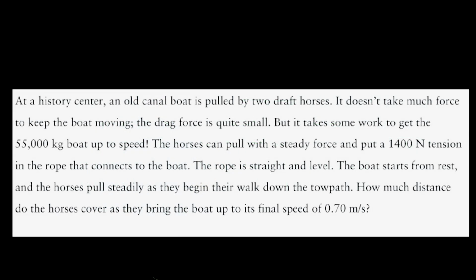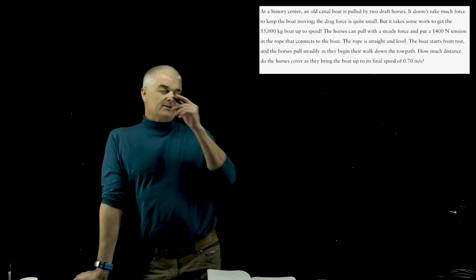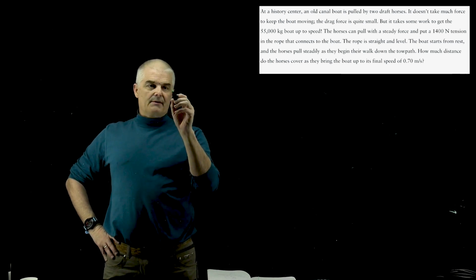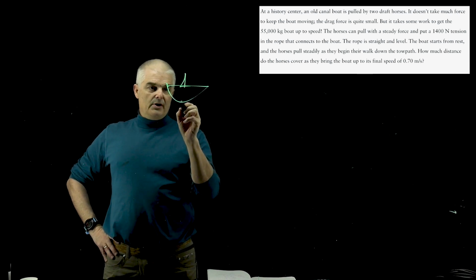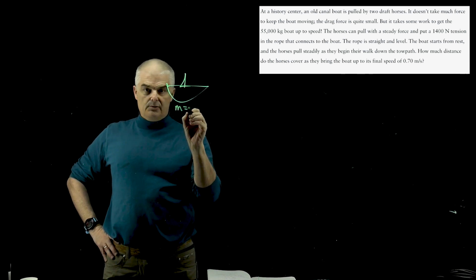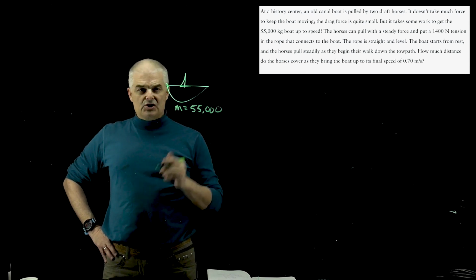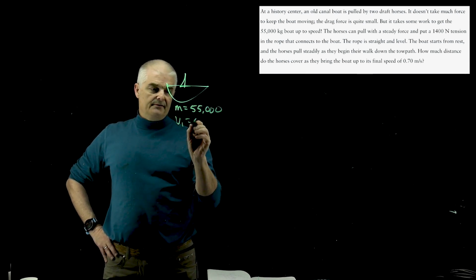So let's do a problem. We get this in the History Center. We've got an old canal boat pulled by 2 draft horses. I've actually been on some of these canals riding bikes, and they're pretty cool places. So I've got a boat, and we know its mass, M equals 55,000 kilograms. It starts at a V1 of 0.